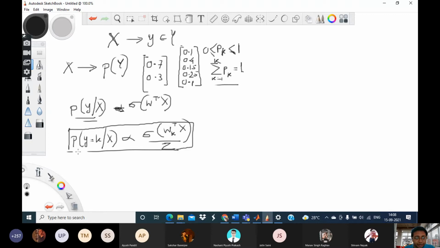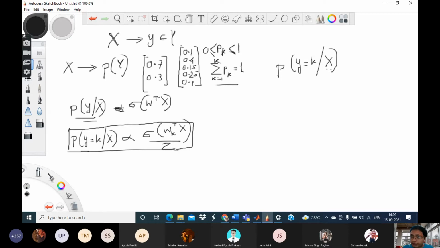Today we will take this forward without having to parameterize this distribution in this particular way. For that purpose, let us focus on this distribution. What is it saying?